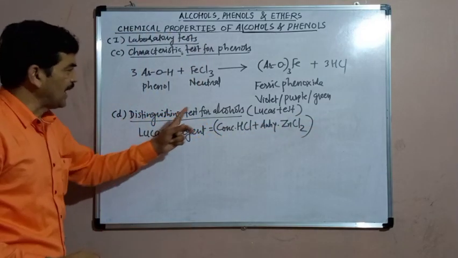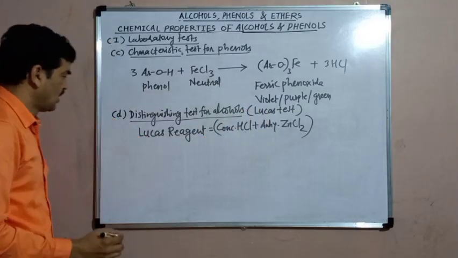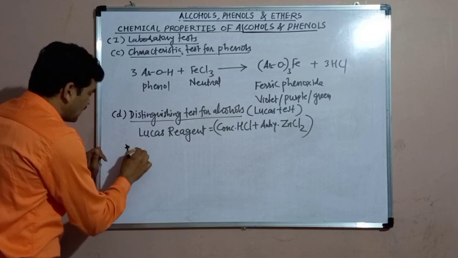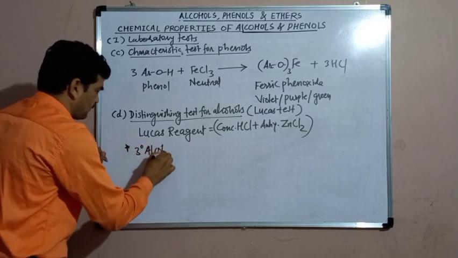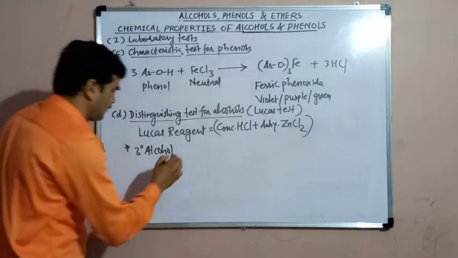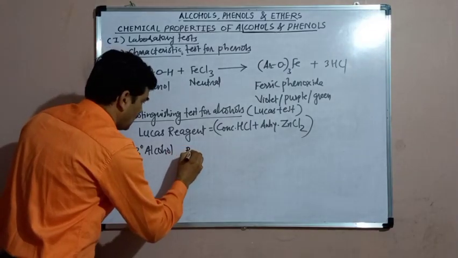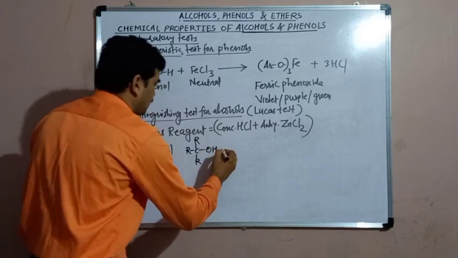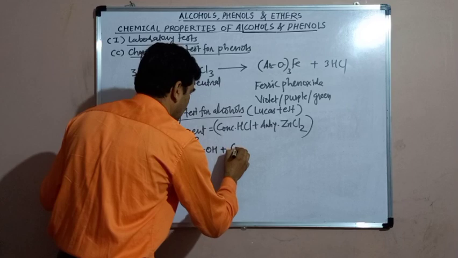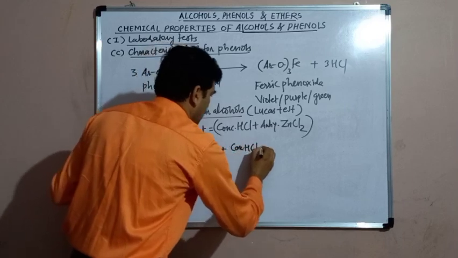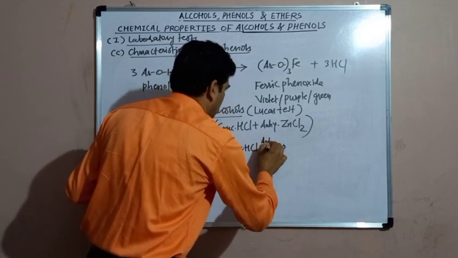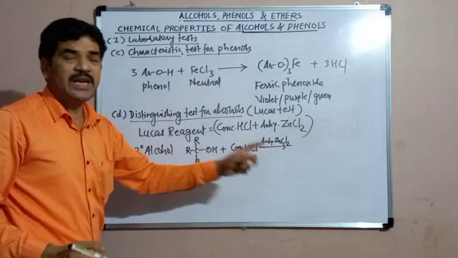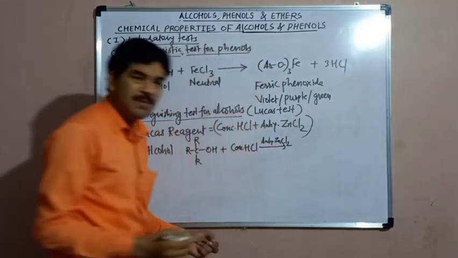Now, how are these three types of alcohols differentiated with the help of the Lucas test? When a tertiary alcohol is reacted with the Lucas reagent, it gives turbidity immediately. The solution becomes turbid.